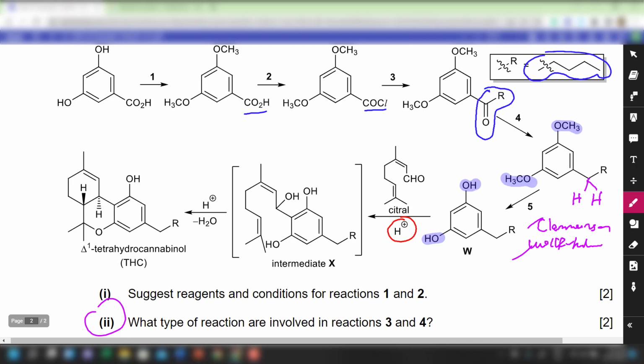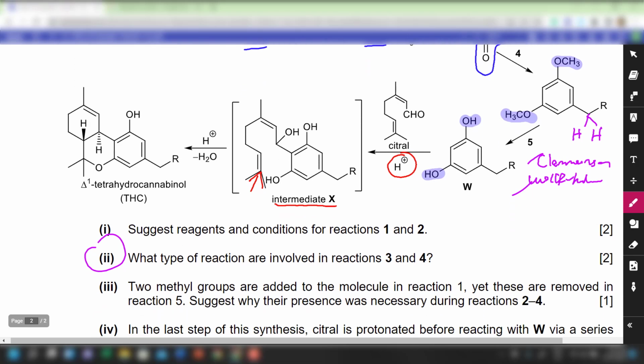And then along the way, you notice that this particular intermediate is formed, and this is followed by the phenolic OH attacking this particular position and eventually giving you the tricyclic system. I think later on you are asked to illustrate the mechanism as well. So we are just going to look through the questions quickly.